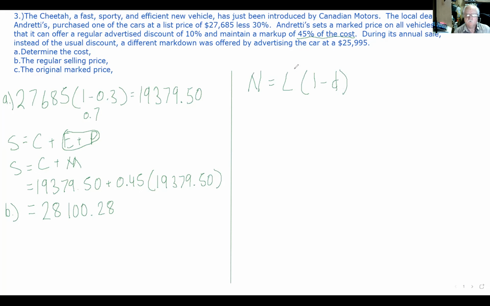In this case, we don't know the list price. The list price here will be the artificially inflated price. What we know is the price they want to get, which is what we just figured out.